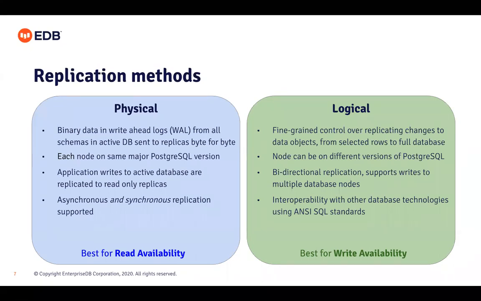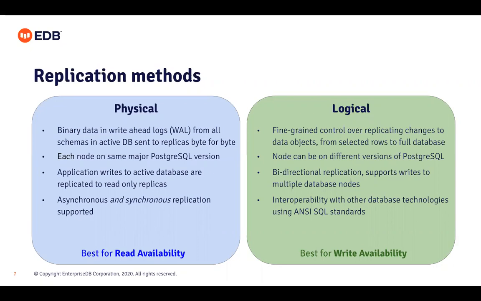And since it is binary, each node has to be on the same major version of Postgres, and it probably also has to be on the same version of the operating system, right? Because it is tied to that machine structure, it is physical.